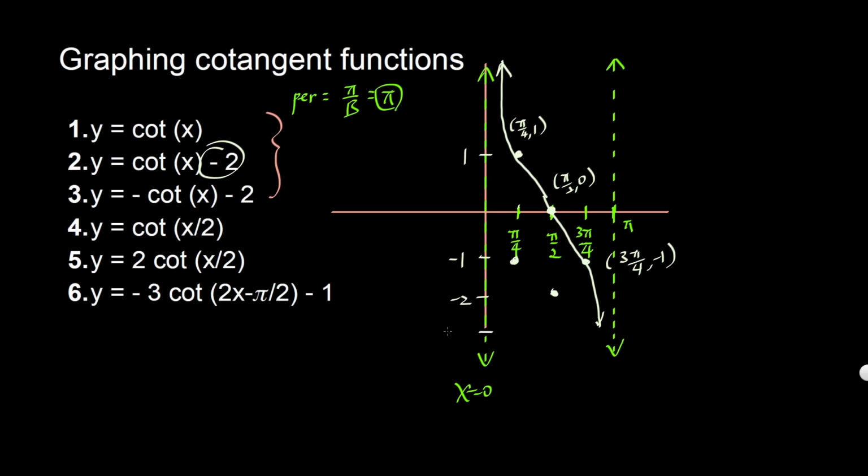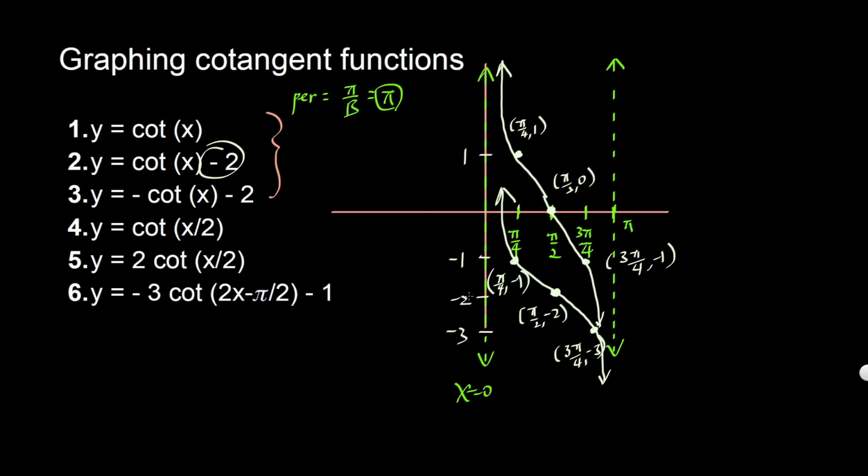Just then do the dance here a little bit. Make it curvy, like that. So that's pi over 4 comma, what is that? -2, so it's -1. And then that point right there will be pi over 2 comma -2. And this point will be 3 pi over 4 comma -2, so 3.